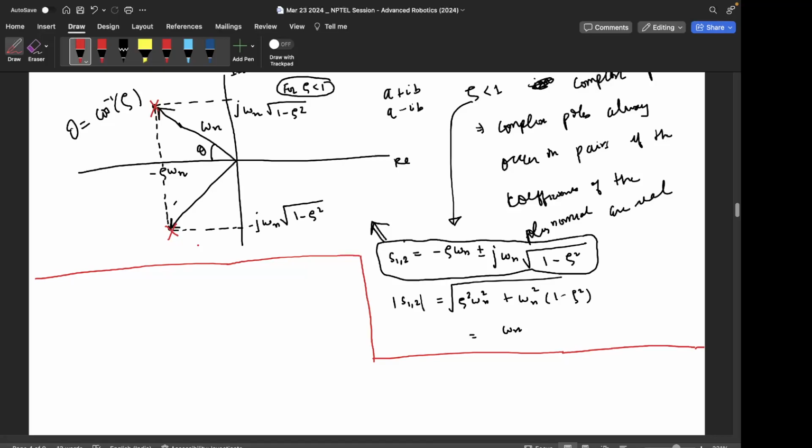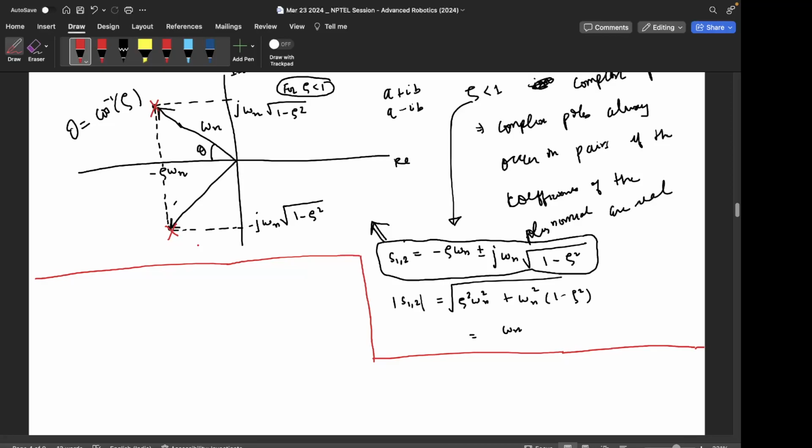So you see that these poles are roots of the characteristic equations that we solve. In the second order system, the thing that we are trying to find out is the response x(t).